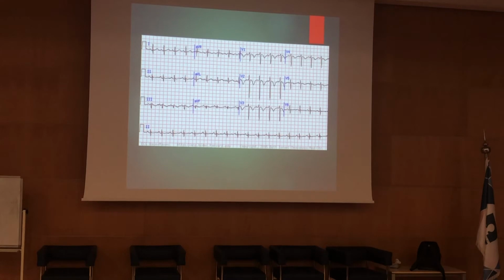That means there is a problem with electricity inside the heart. The electricity is deviated, meaning change of direction. Normally, the electricity should go in this direction, but something deviates the electricity, so we call it right axis deviation.